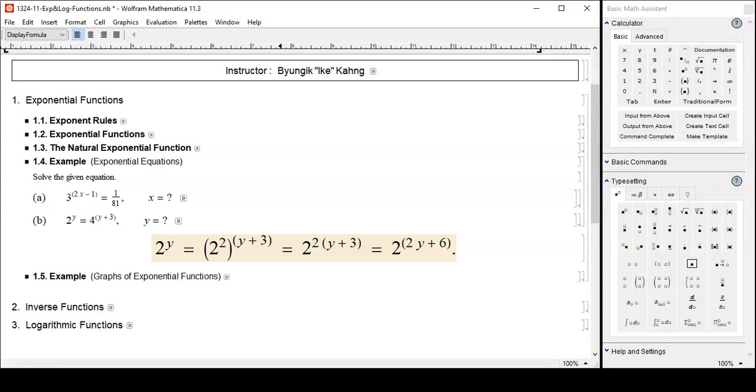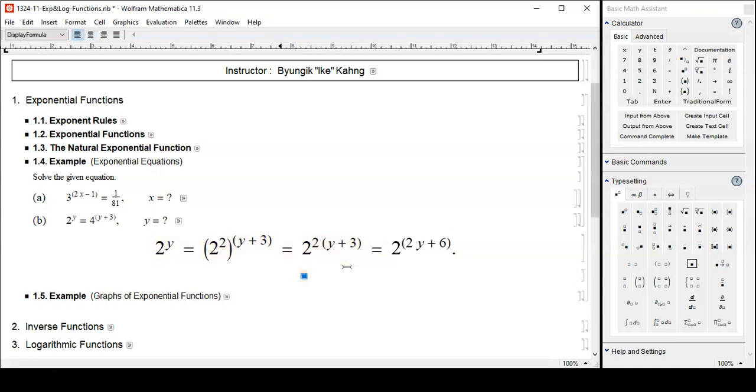Did I do this right? So here, I used the power rule, multiplied the power, 2 times y plus 3. And then I multiplied it out, 2y plus 6. So comparing the y power and the 2y plus 6 power, I'm going to get y equal to 2y plus 6.